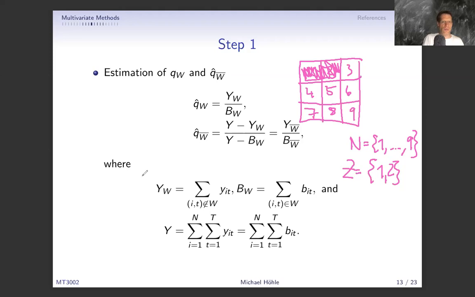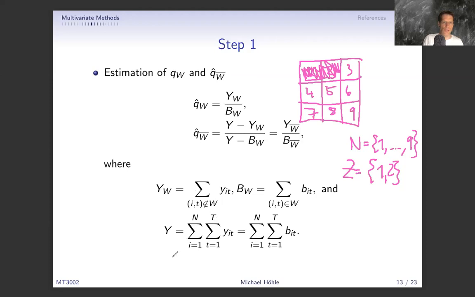And so we define some helping quantities. We define YW simply to be the sum over all counts which are spatially and temporally located in our window. So that would be, for example, regions 1 and 2 over all the D time points we're looking at. And let BW be the same, but for the expected counts. Then we have the overall count, which is simply Y counting over all regions and all time points.